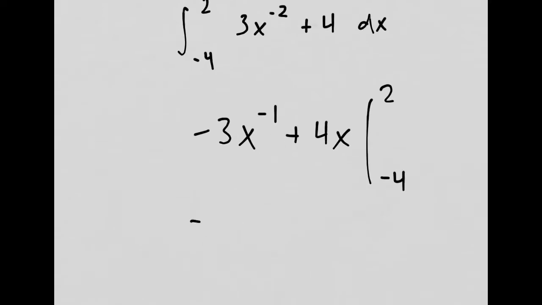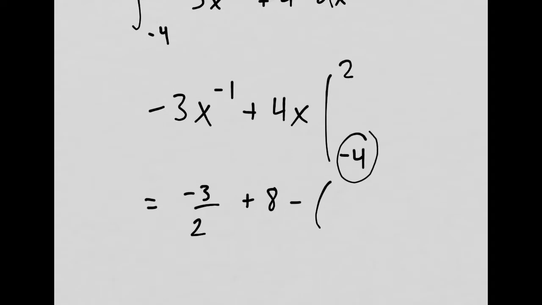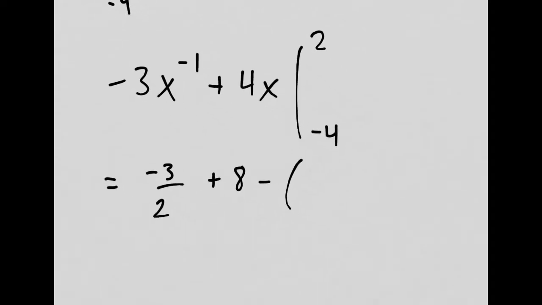I plugged in 2 first, and I just got negative 3 over 2 plus 8, minus, and then plugging in the negative 4, negative 3 over negative 4 plus negative 16.